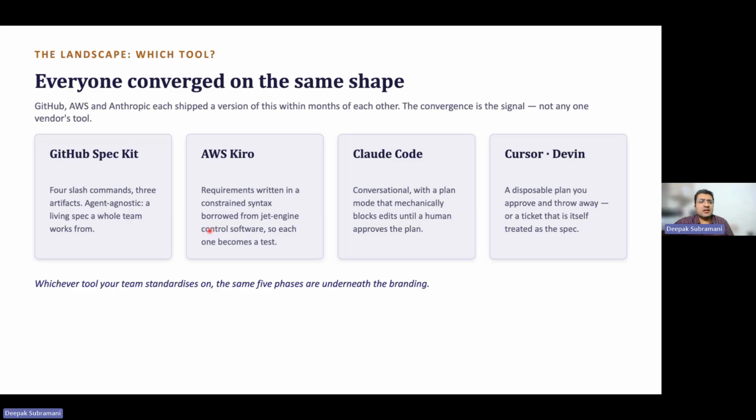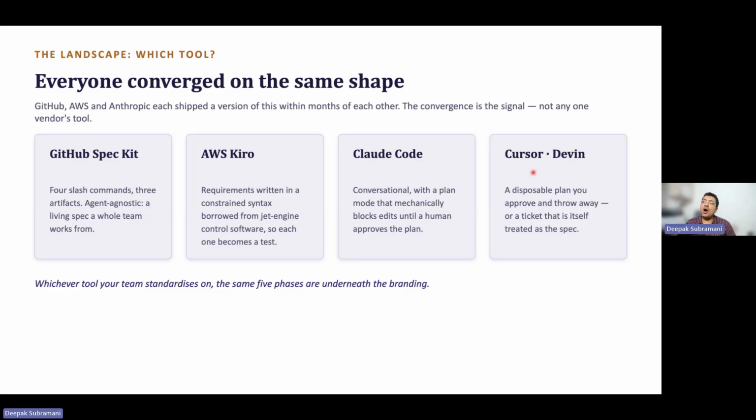Now, this specification-driven development idea, Professor, did you come out with this, right? Or is this what everybody is doing, and what tools are available? In fact, the specification-driven development is what we have distilled out of the system that everybody has converged on. Like GitHub has something called Spec Kit. AWS has something called Kiro. Claude Code exists. ChatGPT Codex exists.